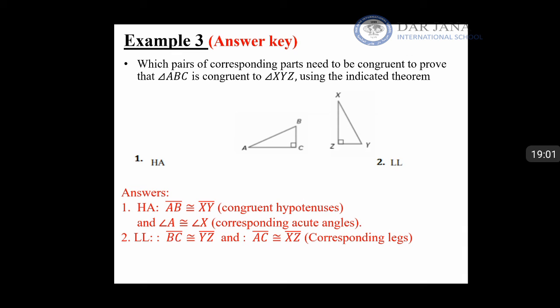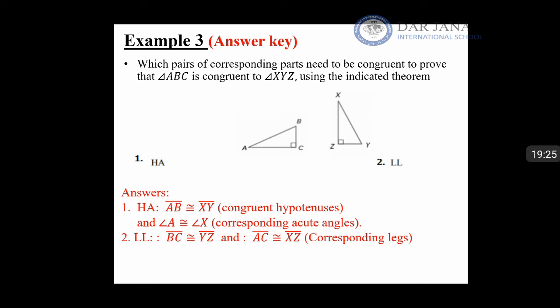In this case, you can pick either angle A or angle B, but pay attention: if you pick angle A, you pick its corresponding angle, which is angle X. And if you want to pick angle B, you pick its corresponding angle in the second triangle, which is angle Y. In this case, we picked angle A, so we should be given that angle A is congruent to angle X, which is the corresponding acute angle.